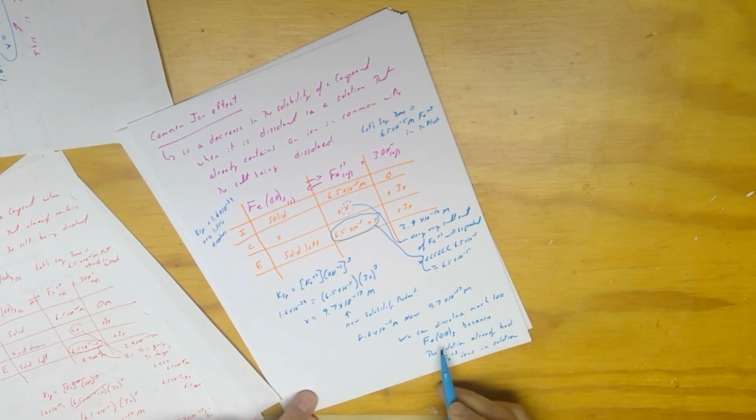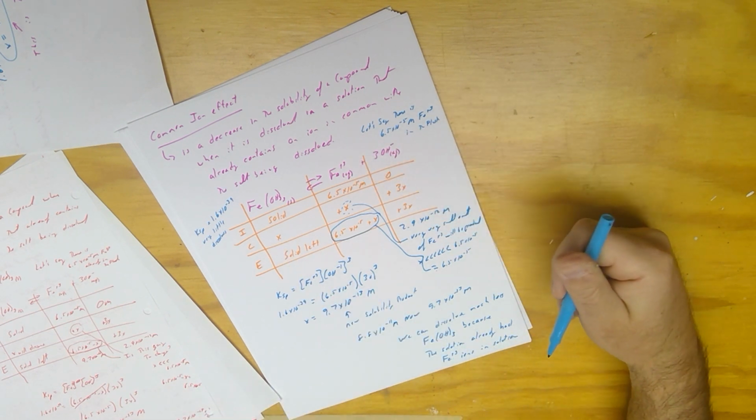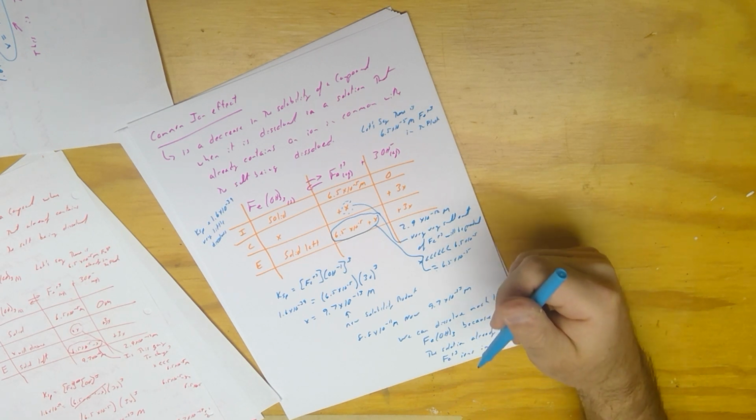So we can dissolve much less iron hydroxide because the solution already had iron in it. This is called the common ion effect.